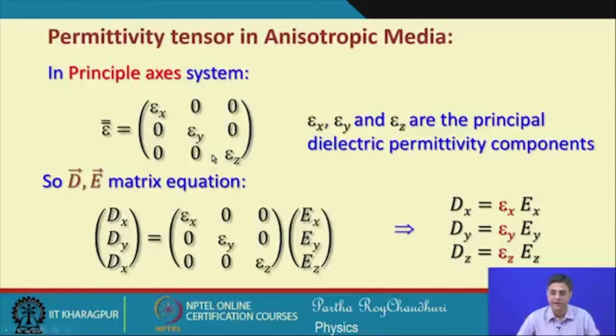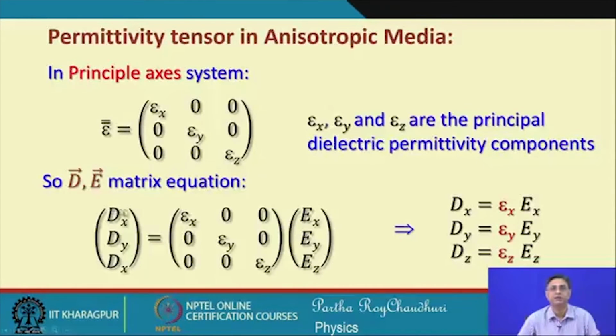So, that means, we could find one orthogonal coordinate system within the medium, along which the displacement fields will follow the electric field, and if you apply an electric field along the x direction, the displacement will be only along the x axis, and so on for the y and z components. So, the D and E matrix equation for the principal axis system of the medium can be represented by this equation, that is dx, dy, dz is now a simple diagonal matrix epsilon x, epsilon y and epsilon z multiplied by Ex, Ey, Ez.